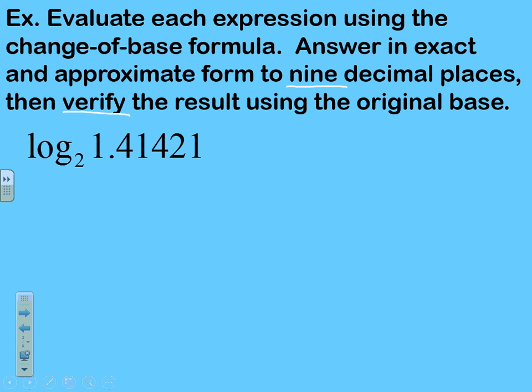So here, what we'll say is to use the change of base rule, we'll say log of the 1.41421 over the log of 2, and you just type that into your calculator.